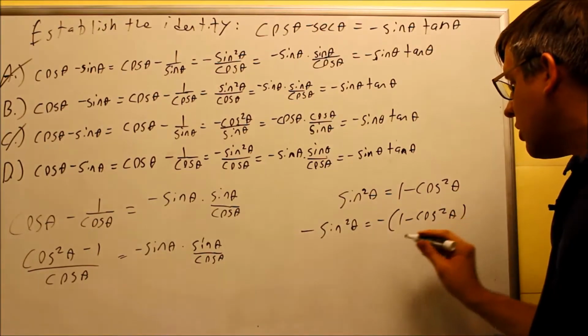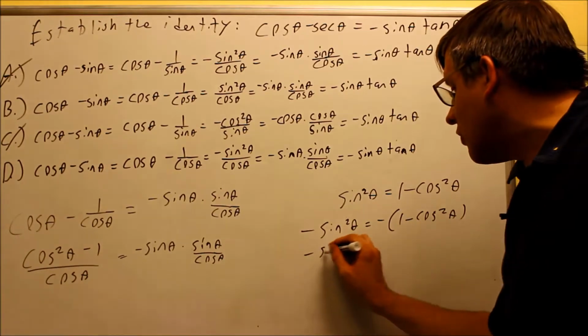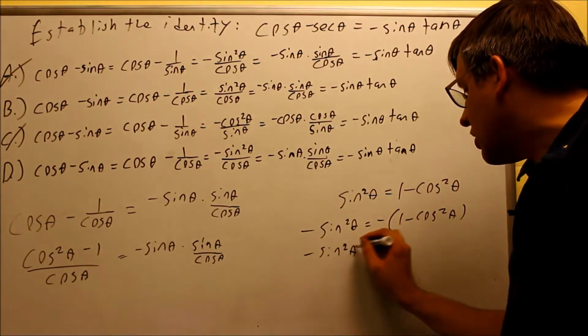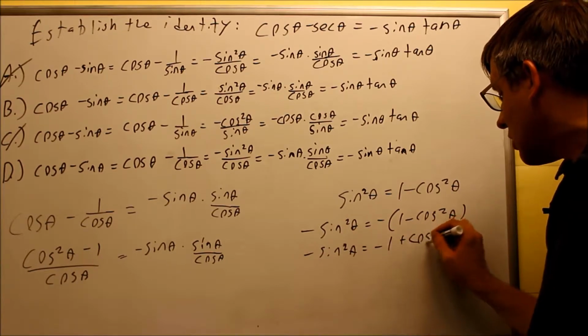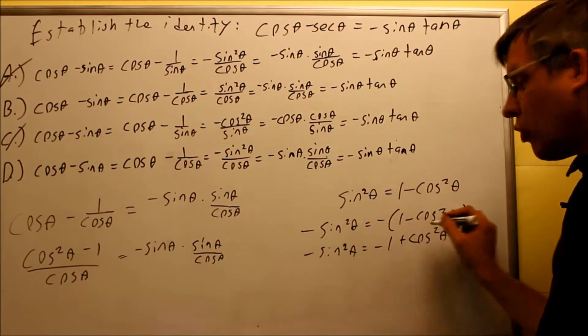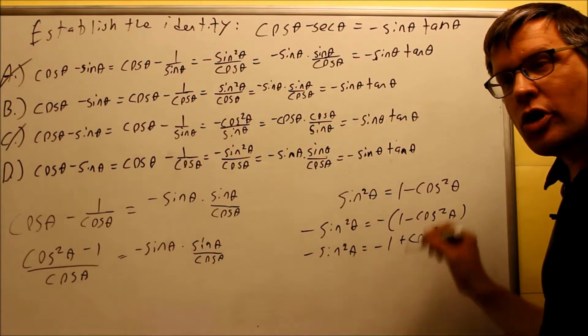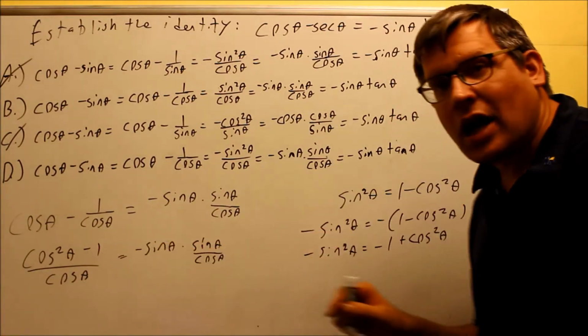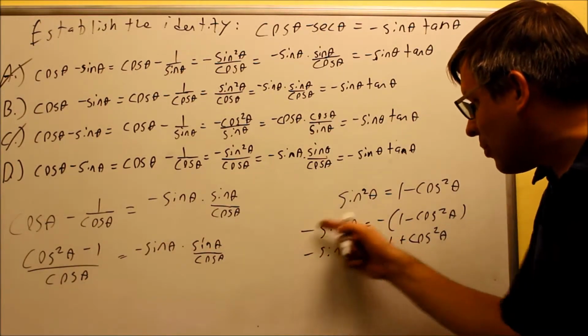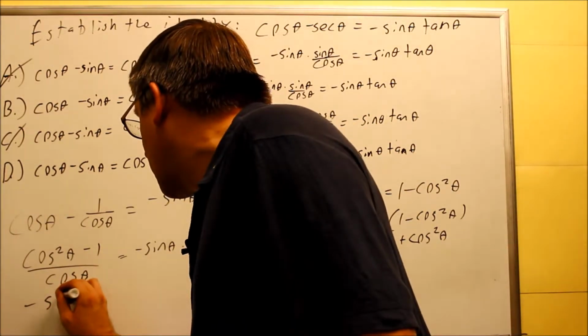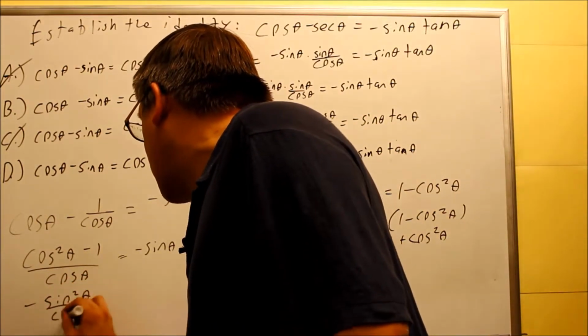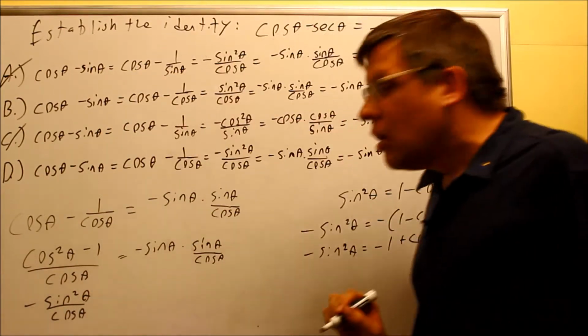Multiplying through by a negative allows me to switch the order because I get negative 1 plus cosine squared. Negative 1 plus cosine squared is the same thing as cosine squared minus 1, which is what I have here. So therefore, I need to put in a negative sine squared. So negative sine squared theta would be my next step if I'm doing this one by hand.